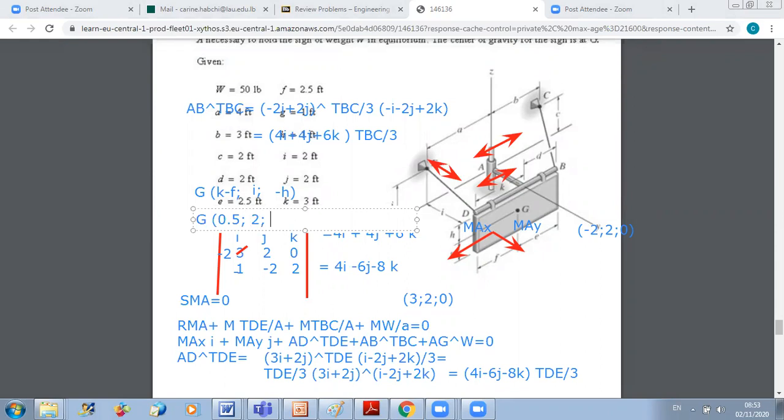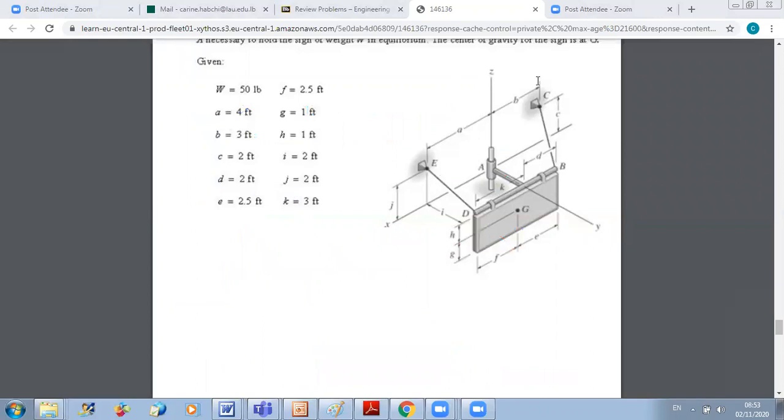And H is equal to, where is H? I cannot see it here. H is 1, so minus 1. Okay, so now G is 0.5, plus 2 and minus 1.